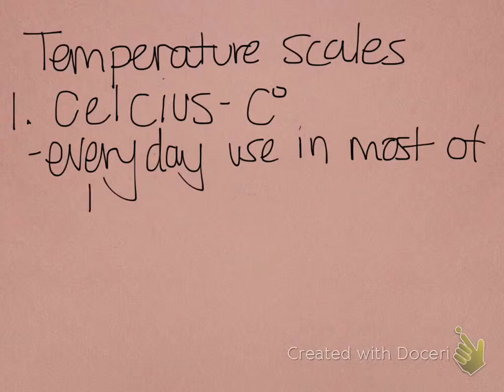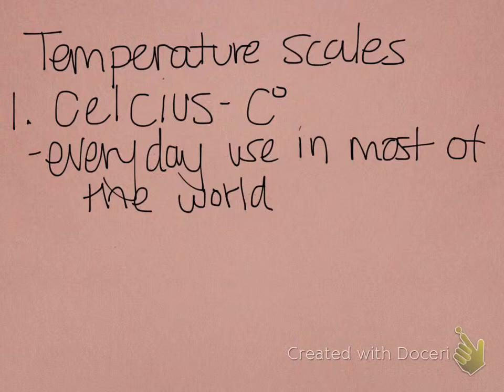Us being one of the exceptions. Okay, so if you were to watch the weather on the TV in a place that used Celsius, your temperature would be in Celsius. So for some of us, we're thinking, I wouldn't know if it meant it was warm or cold outside. So one of the goals here is that you could probably do that by the end of this video because of these conversions.